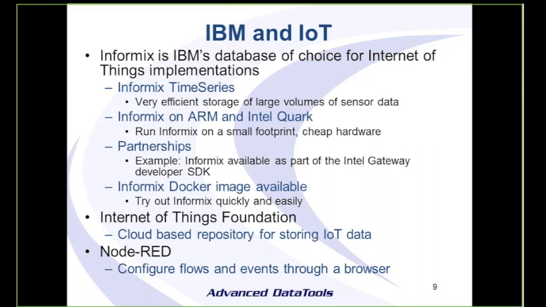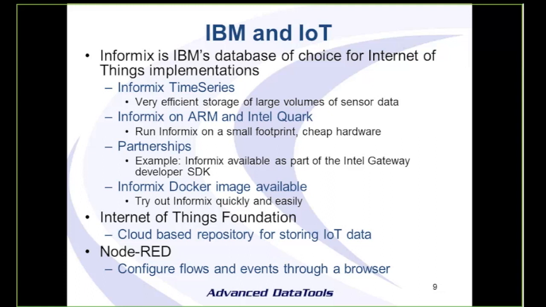They're also establishing partnerships with different companies to include Informix as part of their offerings. And also, Informix is now available as a Docker image, so you can just put that on the Docker platform and have an Informix database up and running really quickly, ready to try.